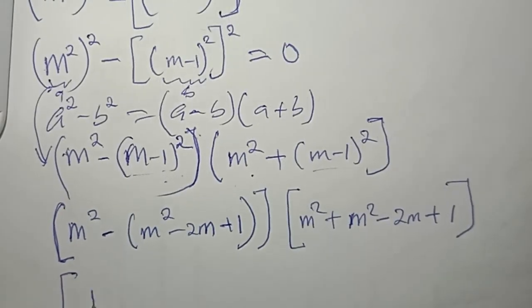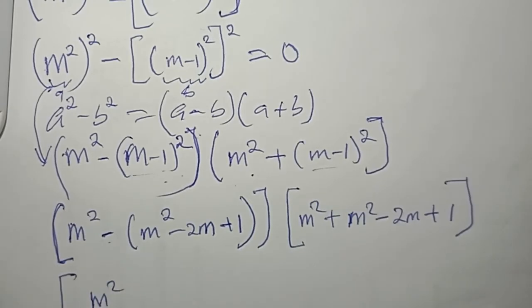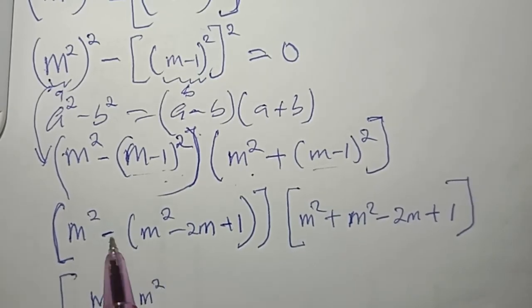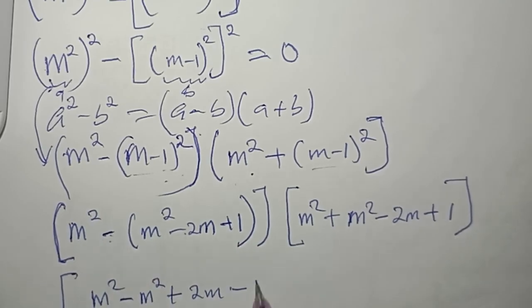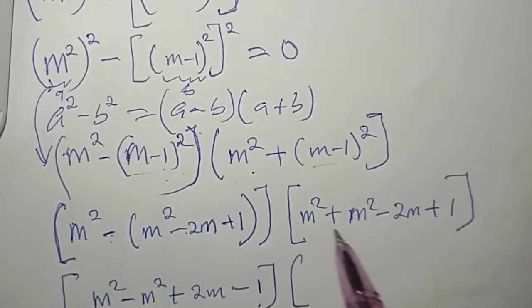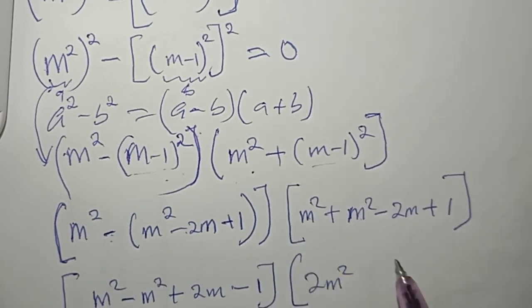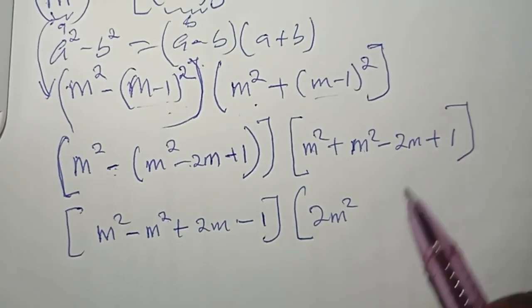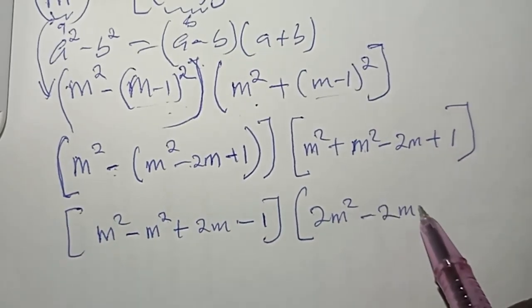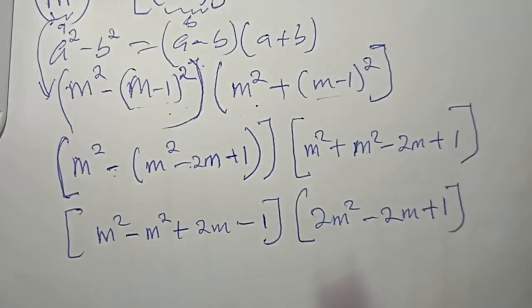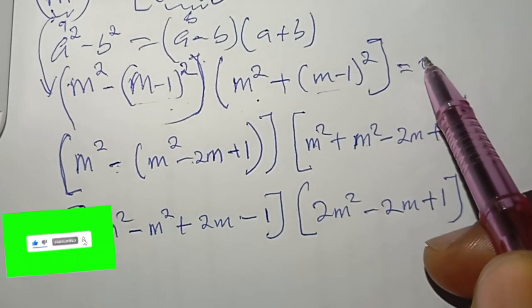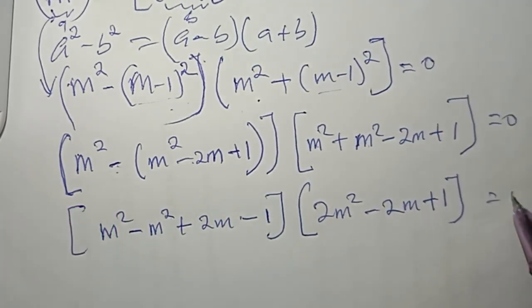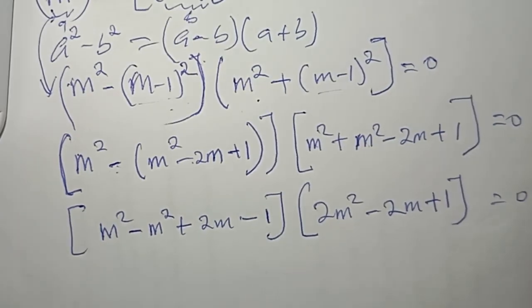Moving on, I'm going to use this minus to open this bracket. So this is minus m^2, minus times minus gives you plus 2m, and minus 1. Then this plus this gives 2m^2 − 2m + 1. And before I forget, all of them are equal to 0.